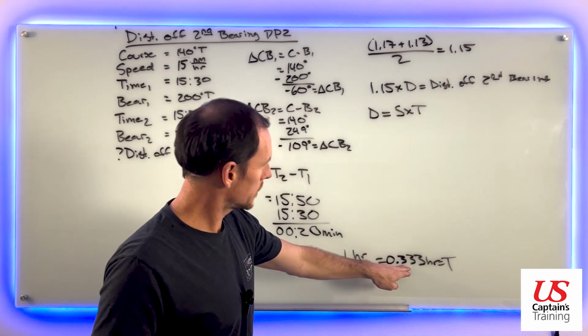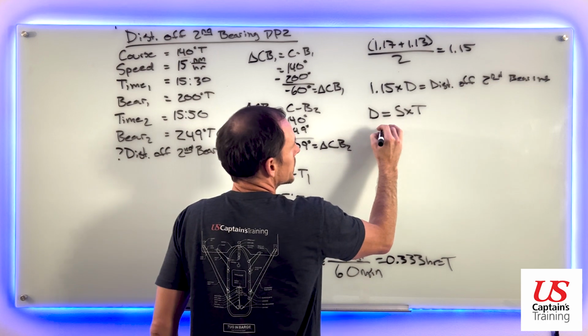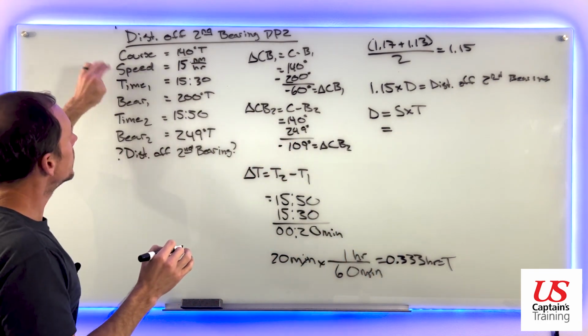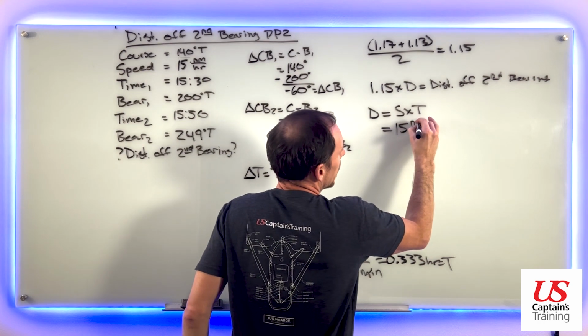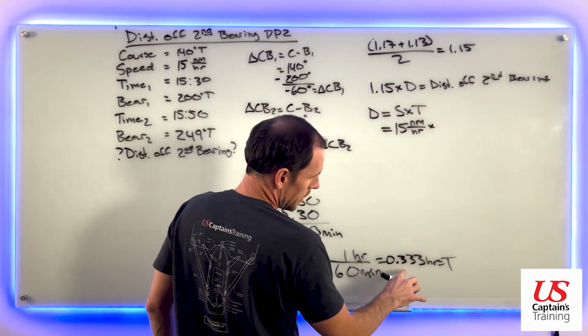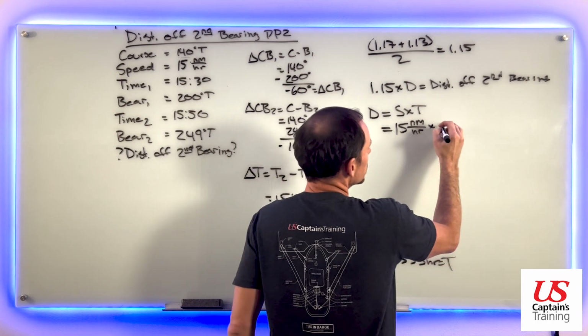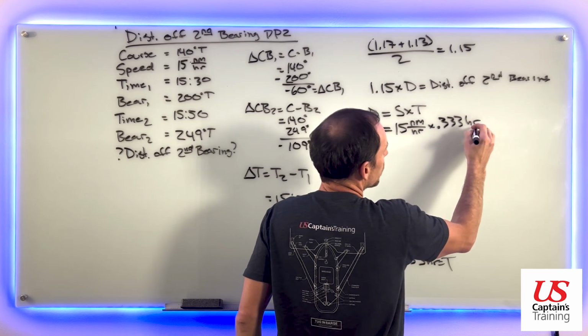So now we can put this in for time. We can get our distance now. So distance is equal to speed, 15 nautical miles per hour, times time, 0.333 hours.